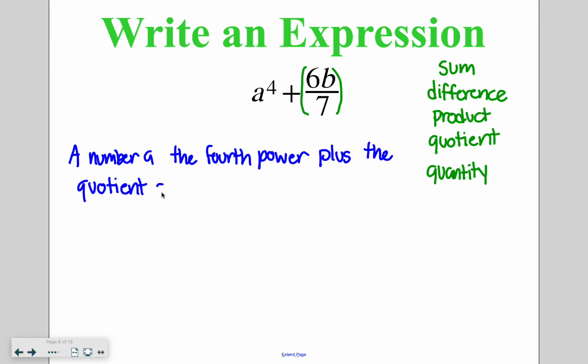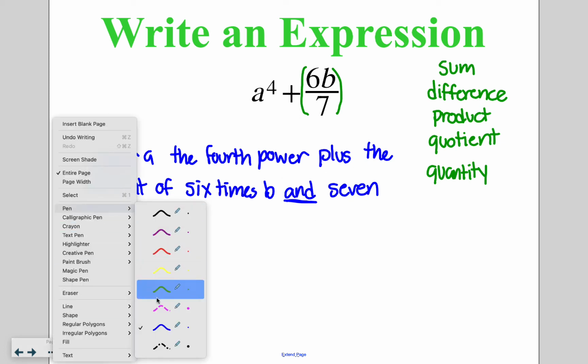So the quotient of 6 times b and 7. So when you are using these grouping words, there's always going to be an and. In this case, since it's division, it tells you what's in the numerator of the fraction and what's in the denominator of the fraction. If you were doing sum, it would tell you what's in front of the plus sign and what's behind the plus sign.